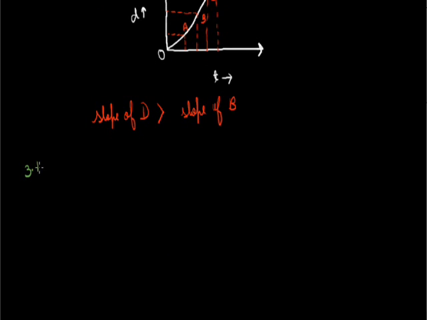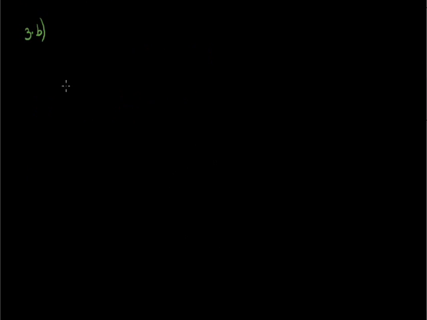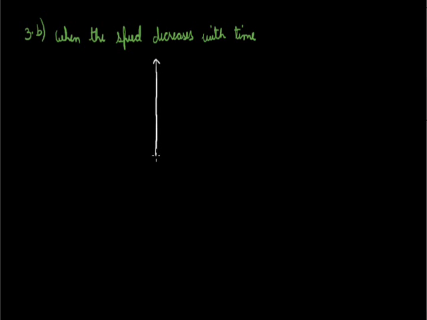Second case, when the speed decreases with time. When the speed is decreasing with time, then it will cover less distance, and the graph which we get is as shown.